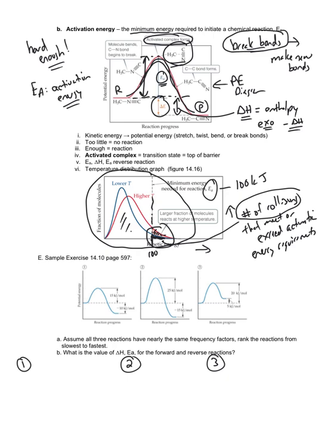There are more collisions that occur at or above the activation energy requirements. Therefore, there are more collisions occurring at higher energies, and therefore there are more chances of successful collisions. And this is why the rate of reactions increases as temperature increases.